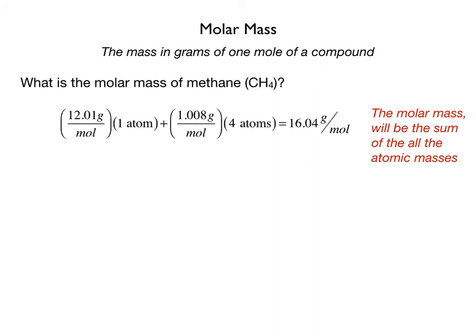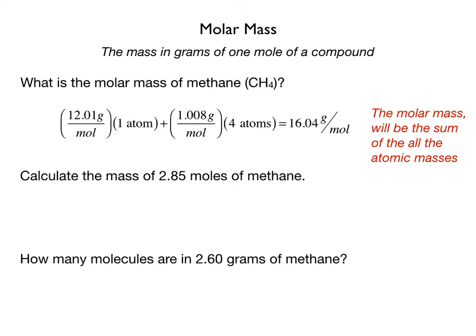That carbon atom is 12.01 grams. So we'll add to that the mass of 4 hydrogen atoms. Each atom is 1.008, times 4, so the overall molar mass is 16.04 grams per mole. We can use this value if we are given some problems.